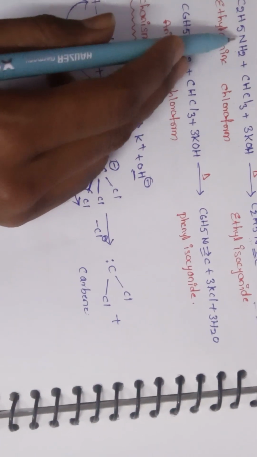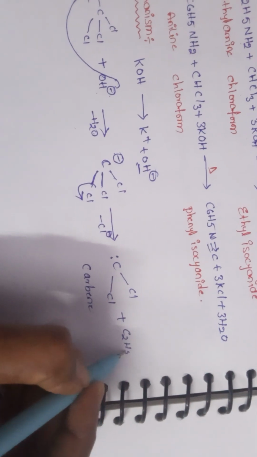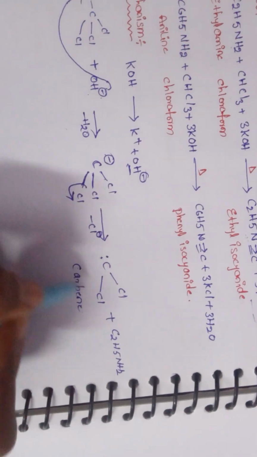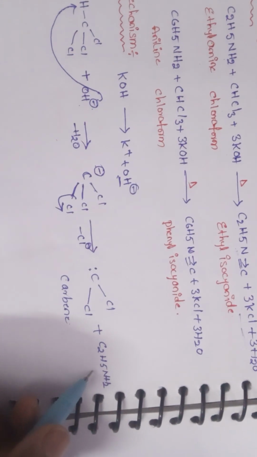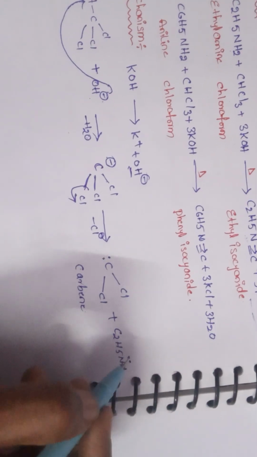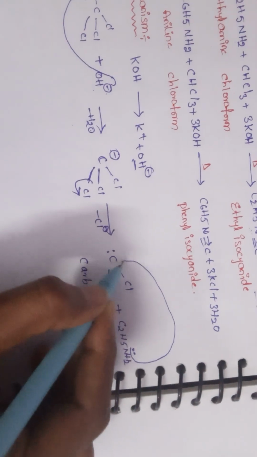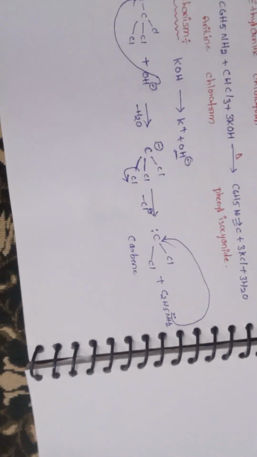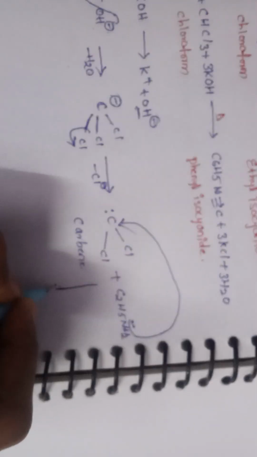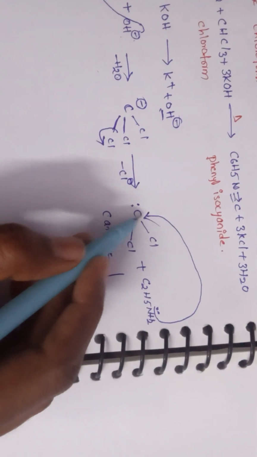This carbene is reacted with C2H5NH2, that means ethyl amine. In this, nitrogen has a lone pair of electrons, and this lone pair reacts with this carbon.